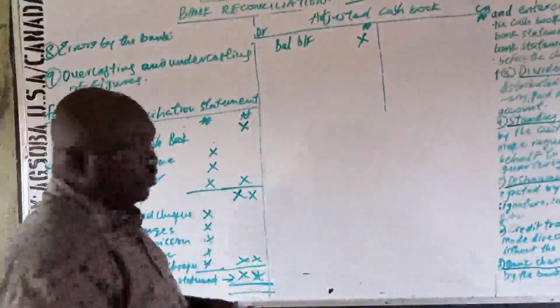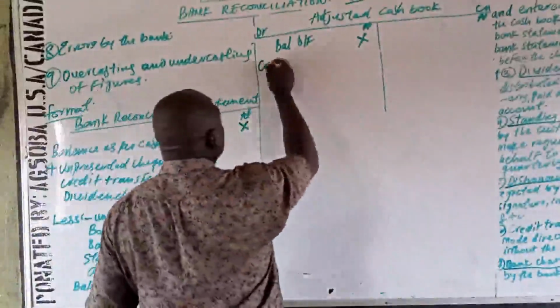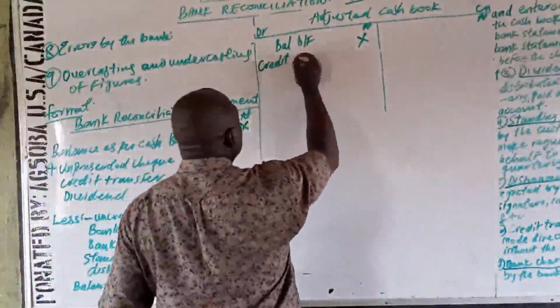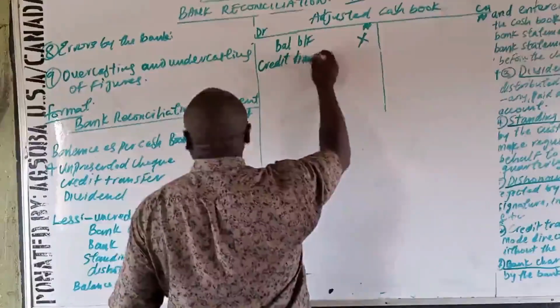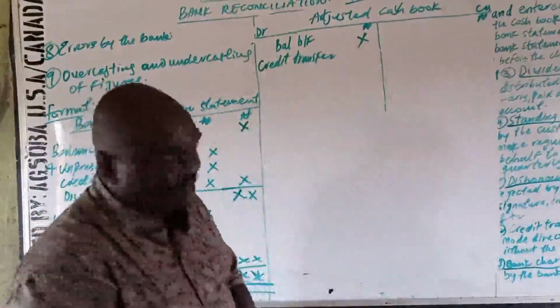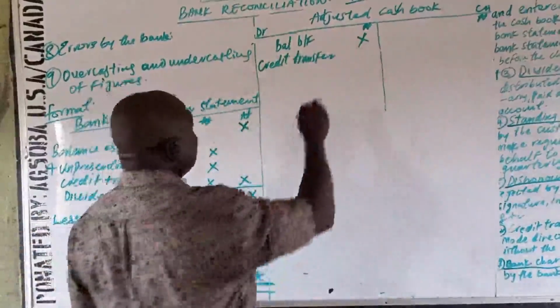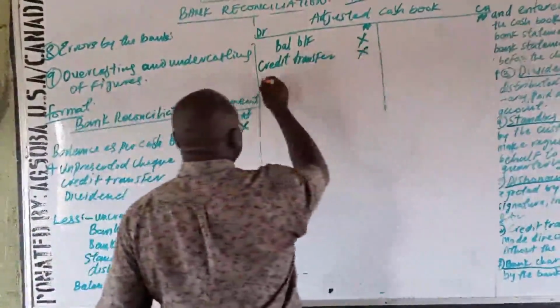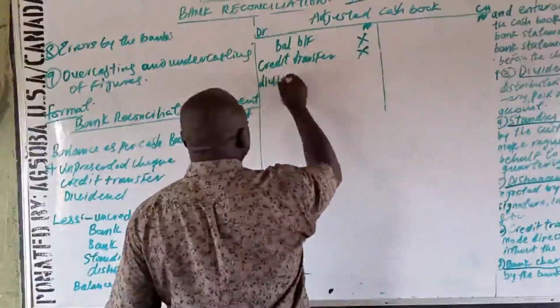Like here, we look at the credit transfer. Then we look at our dividend, the one we have here. Credit transfer, the dividend.